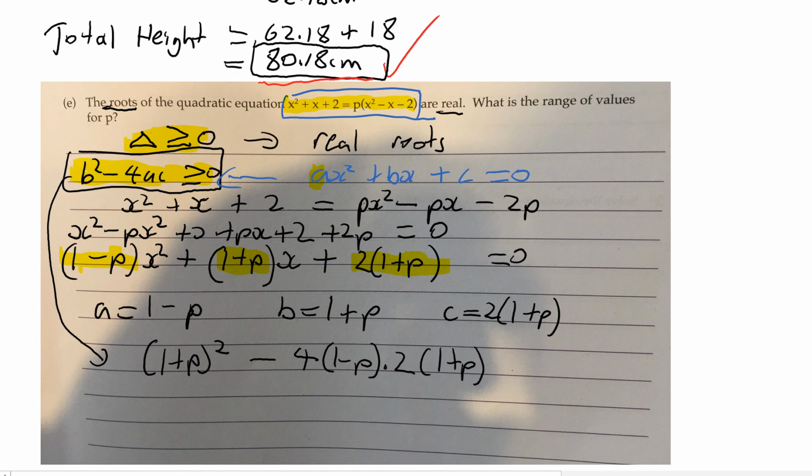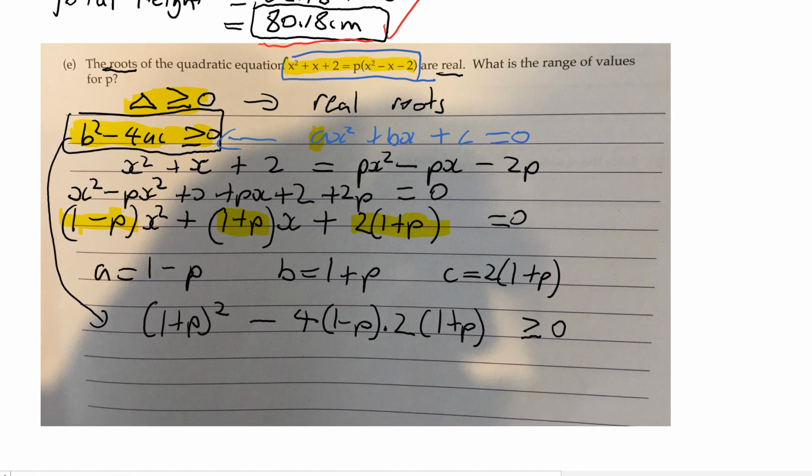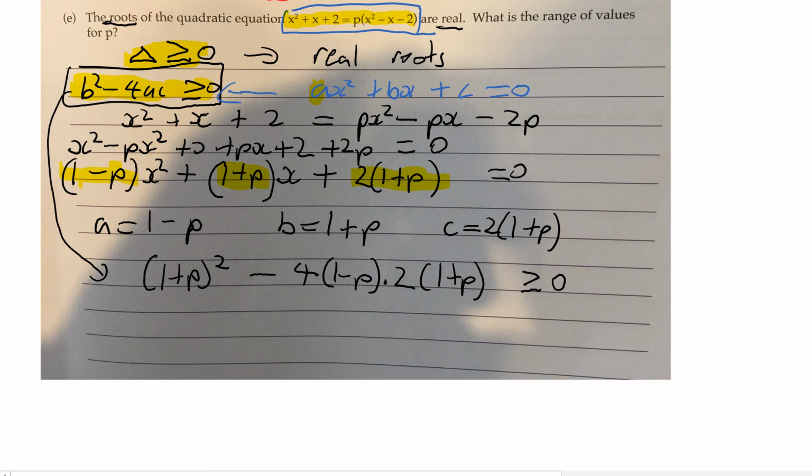So b squared minus 4ac has to be greater than or equal to 0. We need to find the values of p that make that work. So we've now got really a quadratic equation inside a quadratic equation, which is a really common Excellence thing they do. Okay, pause it and have a go at solving for p. Go on.